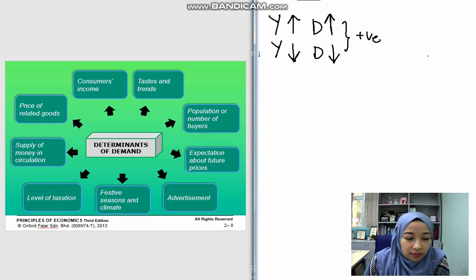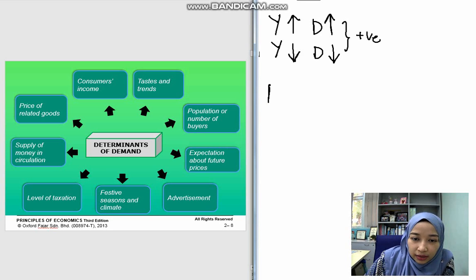Expectation about future price. What you expect about the price of a certain product in the future. For example, if you expect, I put as PE, expected price, that the price of handphones will decrease in the future, becomes cheaper, what will you do is, you will not buy handphones now, you will buy handphones in the future.